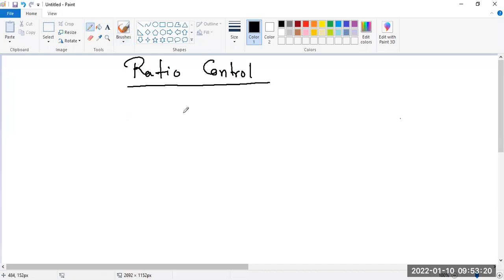Guys, what do you mean by ratio control? Actually, say in a chemical process, petroleum process, petrochemical process, or anywhere where we need some control, the ratio of two liquids or two blends. Say in normal cases, two or three ratios are required. Say this is X material, this is Y material and this is Z material.